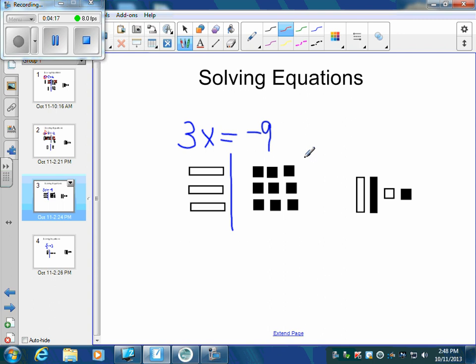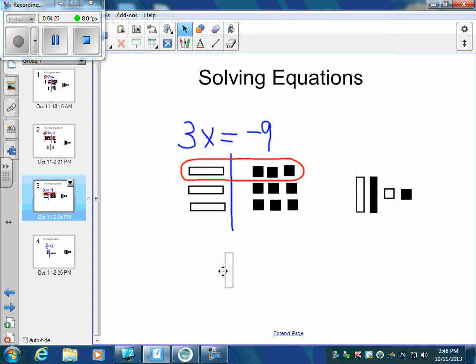Now I can see that I have 3 negative tiles in each group. So x, just having one x, is going to equal negative 3.